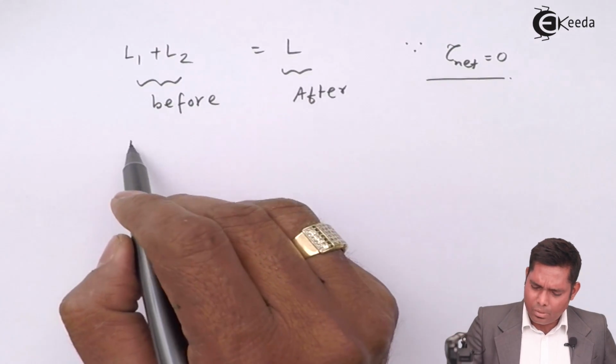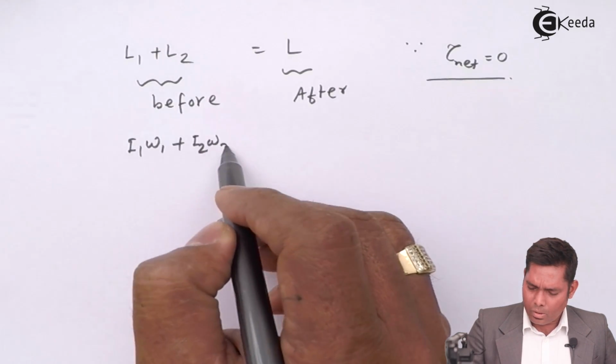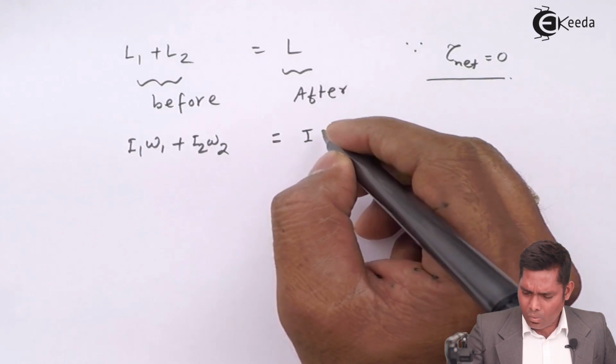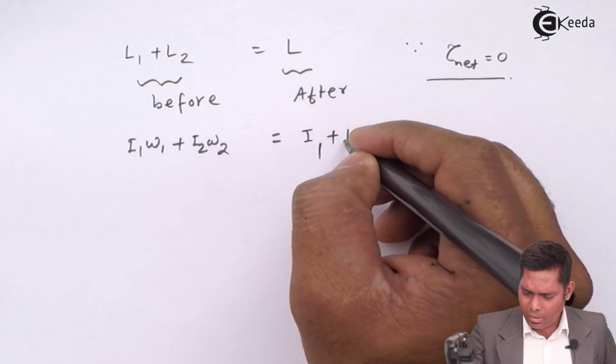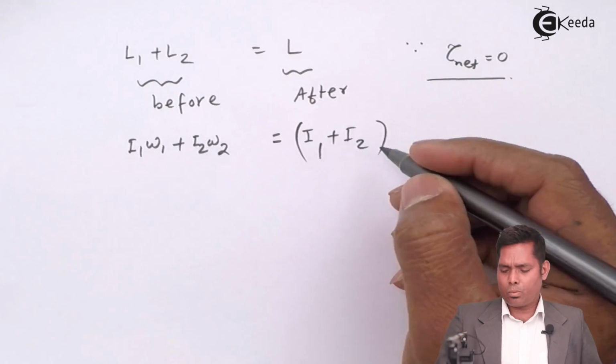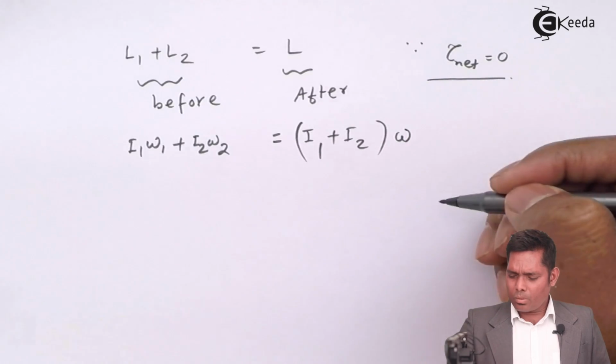So L1 is I1 omega 1 and L2 is I2 omega 2, which is equal to I, now when both are together, I1 plus I2 will be the moment of inertia of the system. They have to be added. And suppose they're moving with a common omega.